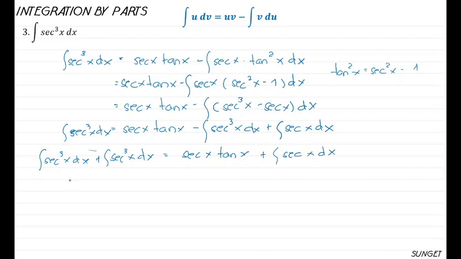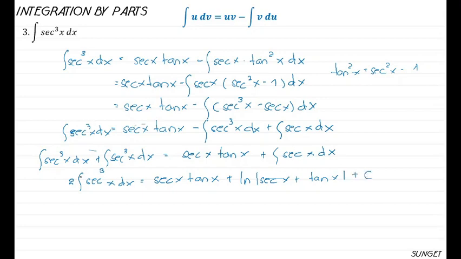So add, so that is 2 times integral of secant cube x dx, equal to secant x times tangent x plus integral of secant x dx, so that is ln of secant x plus tangent x plus c.